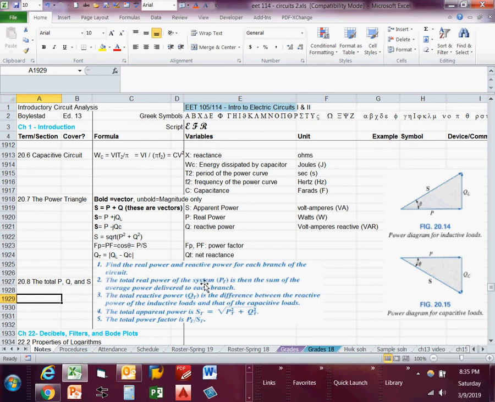The total real power of the system, P sub T, is then the sum of the average power delivered to each branch. The total reactive power, Q sub T, is the difference between the reactive power of the inductive loads and that of the capacitive loads. The total apparent power is S sub T equals the square root of the quantity P sub T squared plus Q sub T squared. The total power factor is P sub T divided by S sub T.